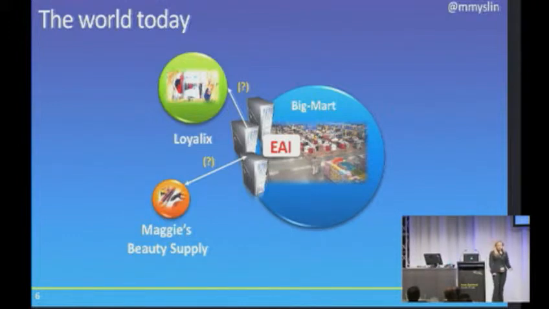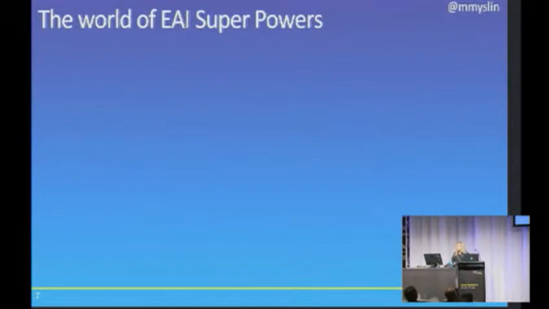The return on investment is actually pretty good for them because once they have their applications all integrated internally within the enterprise, and once they expose some of those important applications outside of their corporate firewall, outside of their enterprise boundaries, they can very quickly choose which vendors they want to work with and get them into their integration ecosystem, right? So that's a pretty good return on investment for an application like this, for a company like that.